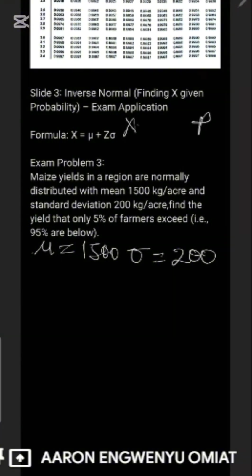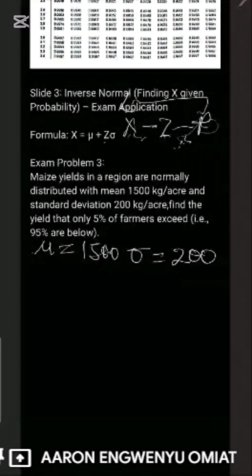So we first standardized x and ended up with a z-score, then used the table to get the probability. But this time, instead of x, they are giving us the probability. So we go in reverse: using the z table, we shall find the z-score, then using the formula, we shall find x. So let's follow together.